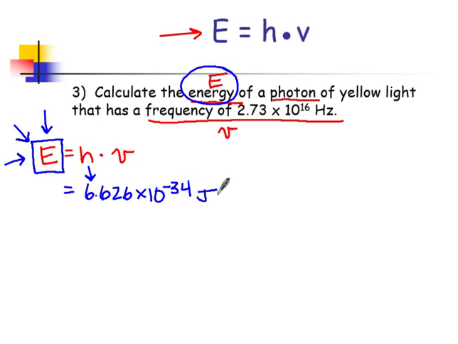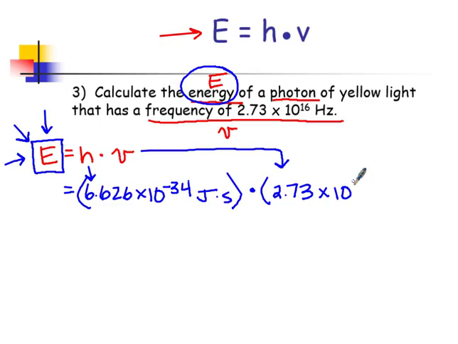Practice saying that a whole bunch of times fast. You'll sound like a nerd. It's awesome. All right. And we want to plug in that frequency. 2.73 times 10 to the 16th hertz or 1 over seconds.